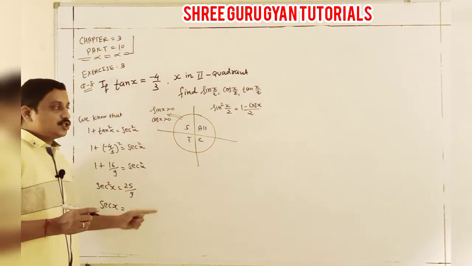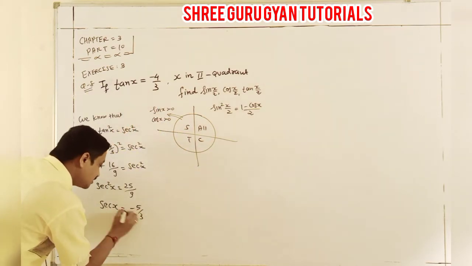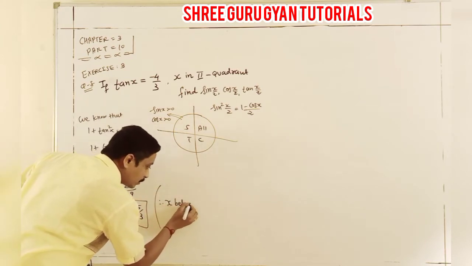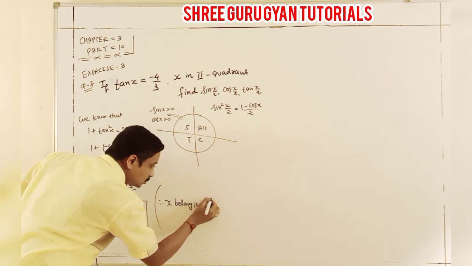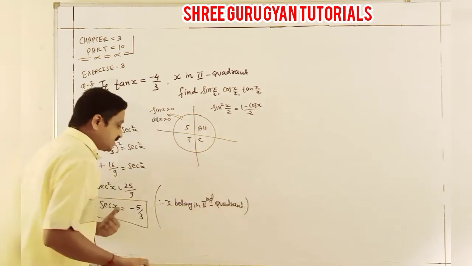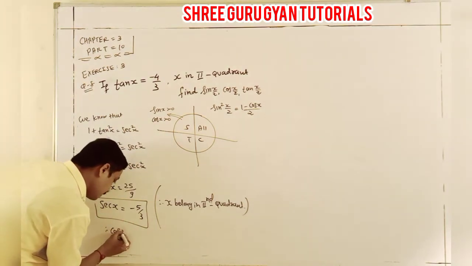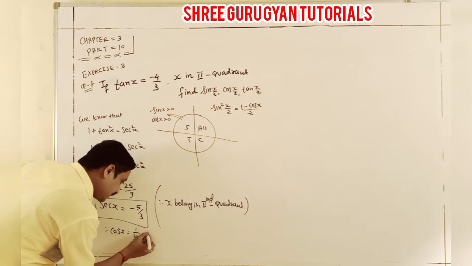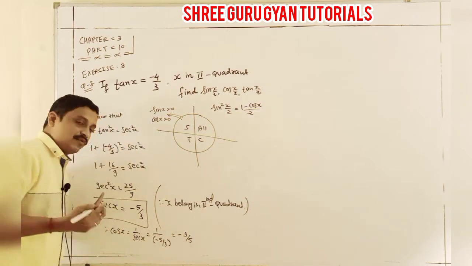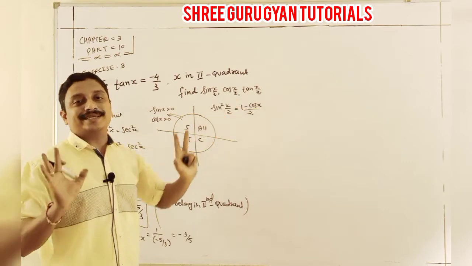Here, you are in the second quadrant, so the sec x function is negative, minus 5 by 3, because x belongs to the second quadrant. Students, the quadrant is necessary, that's why I written minus here. So what is cos x? It is 1 by sec x, 1 by minus 5 by 3. And why was sec x derived? I want cos x in between.